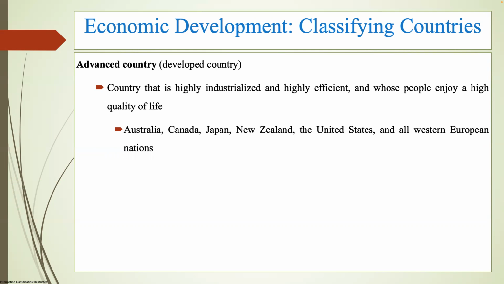Most advanced nations also support aid programs for helping lower income nations improve their economies and standard of living. Examples of developed economies are Australia, Canada, Japan, New Zealand, the United States, and Western European nations.